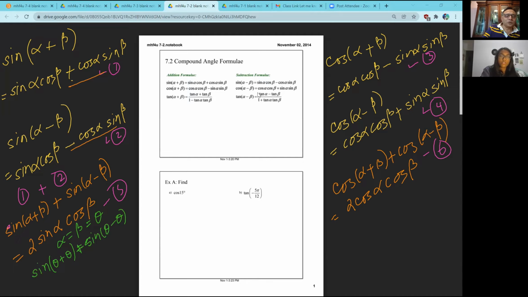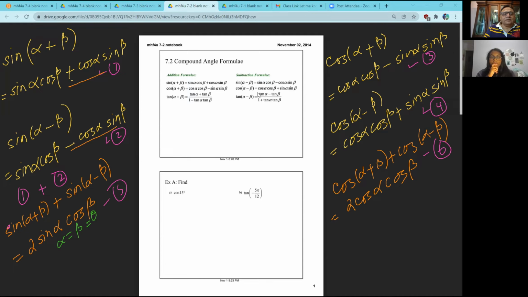Okay. Could you repeat that one more time, sir? Yes. Okay, let's go back. So I'm substituting alpha and beta both as theta. Do you see that? Okay. So if I do that, I could actually substitute in the first formula also, right?